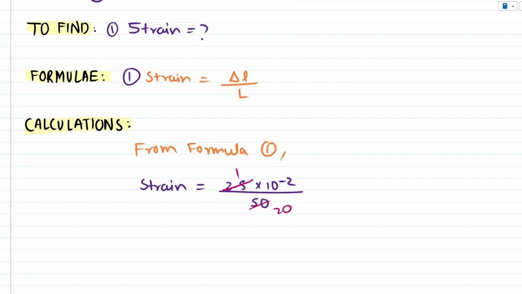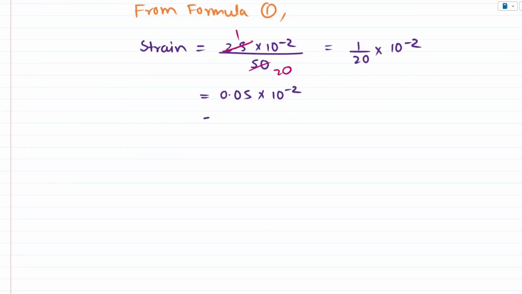So हमारे पास जो है हमारा term will simplify as 1 divided by 20 into 10 raised to minus 2. 1 divided by 20 is 0.05 into 10 raised to minus 2. Effectively, this term can be written as 5 into 10 raised to minus 4. And this is the value for strain.